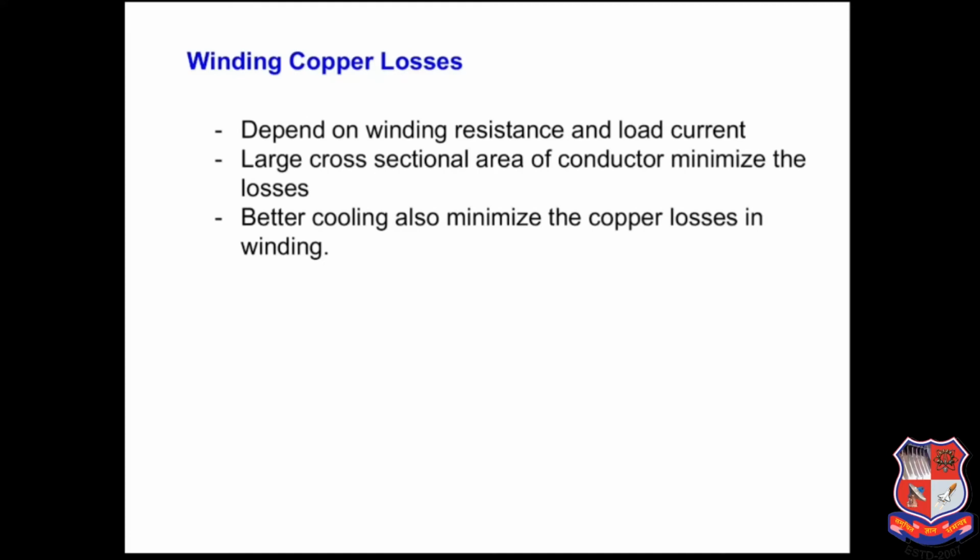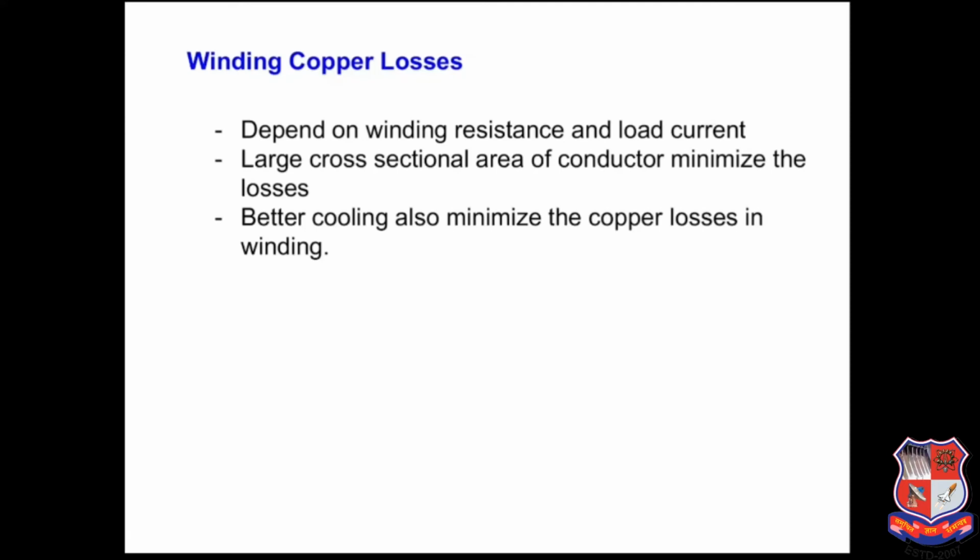The copper loss occurs in the winding, so it is also known as winding loss. These losses are variable because they depend on the load current. Load current is not constant, so they are variable losses. They depend on the winding resistance and load current. A large cross-sectional area of the conductor can minimize the losses, because if the cross-sectional area is large, the resistance is reduced.